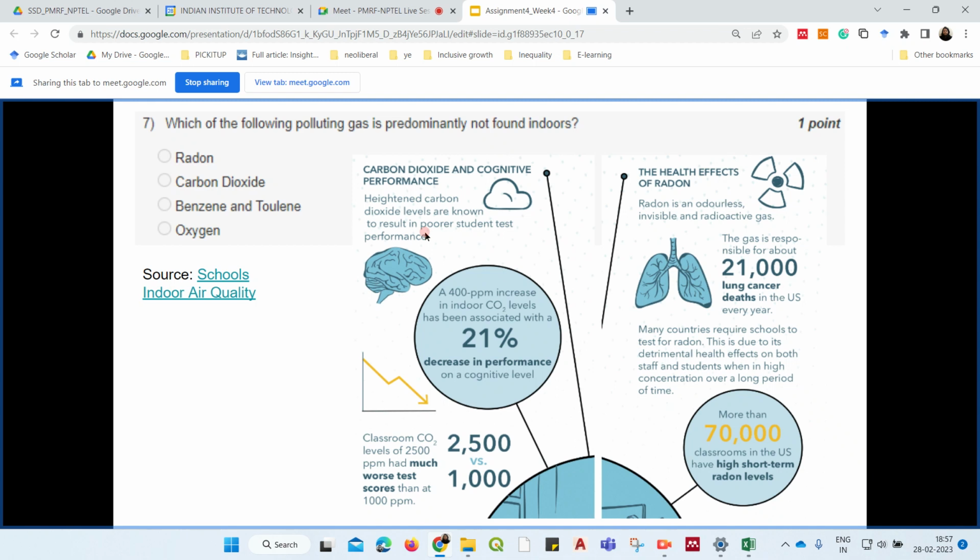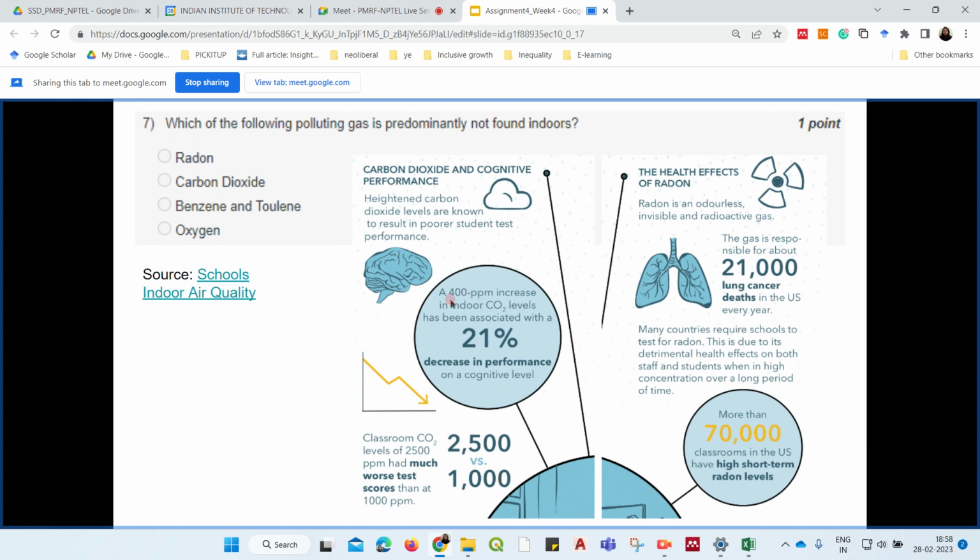cognitive abilities. So they perform poorer on tests, as you can see this metric here, which shows that if carbon dioxide is present in a concentration of 2500 ppm as compared to 1000 ppm, the test results of the student having this concentration is poorer than the students having concentration of 1000 ppm.